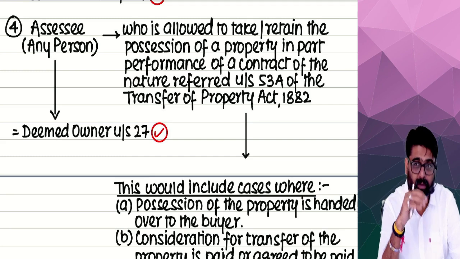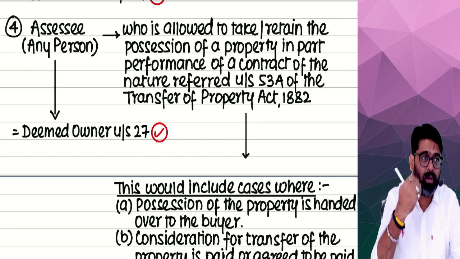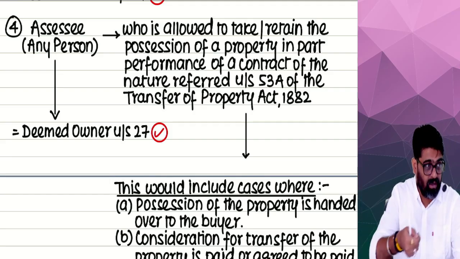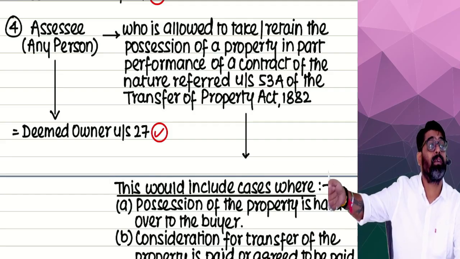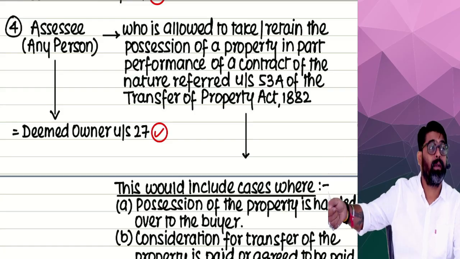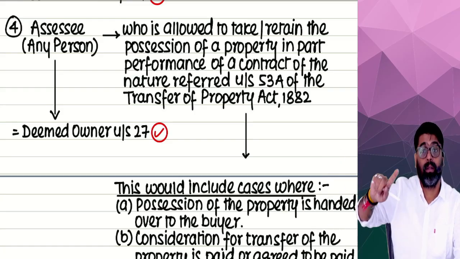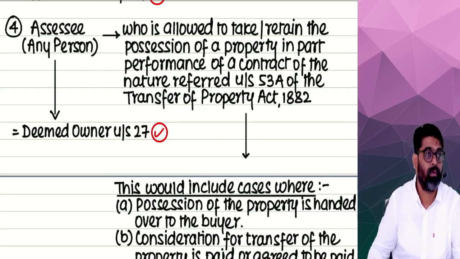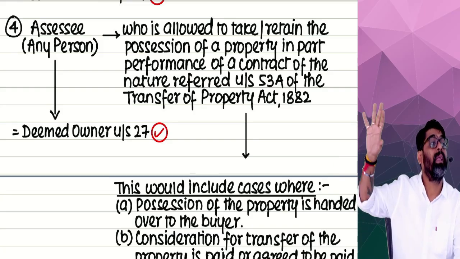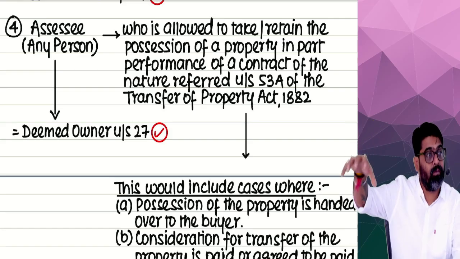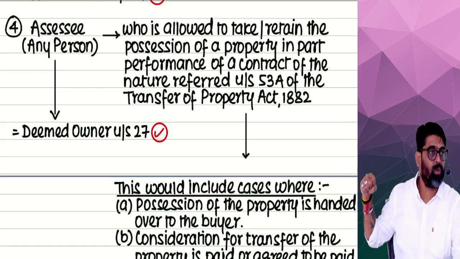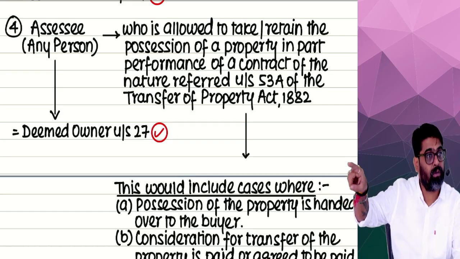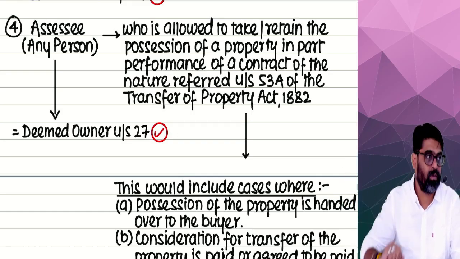Do you know that to transfer that legal ownership, you and me, we both will have to go to the registrar office with the sale agreement, and that registrar will register the sale agreement. Then only the legal ownership of that property will be transferred on your name. In their records, my name is there as a legal owner. They will remove my name as the owner, and they will put your name in their records as the owner of the property.